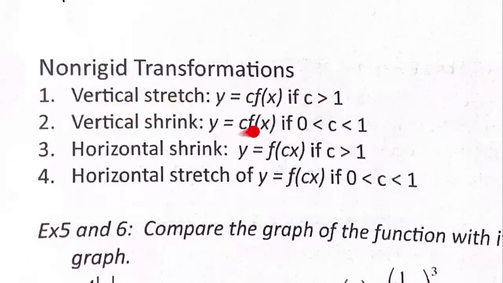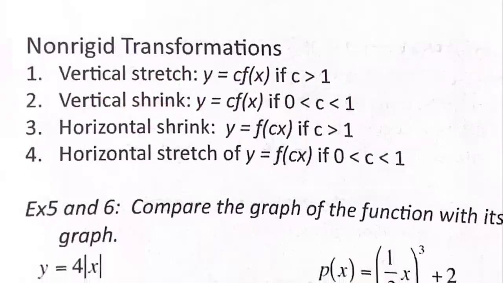If the c in front of the function is between 0 and 1, so that means like 1/4, 1/3, greater than 0 but less than 1, you're gonna have a vertical shrink. If it's inside the function, if it's greater than 1, it's going to be a horizontal shrink. And then if it's between 0 and 1 inside the function, you're going to have a horizontal stretch. I would say these ones are probably the hardest ones.